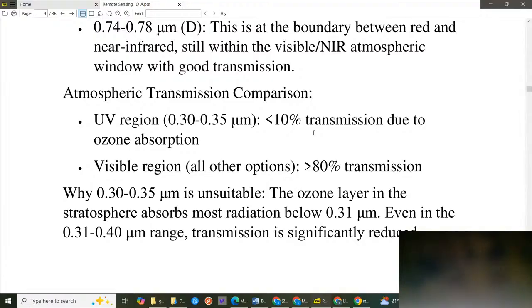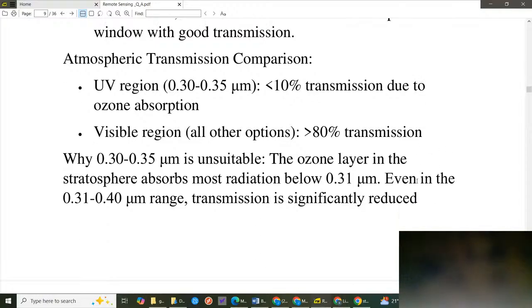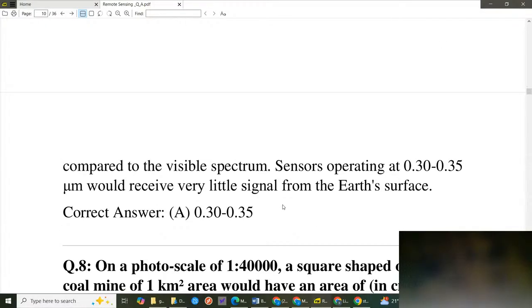The ozone layer in the stratosphere absorbs most radiation below 0.31 micrometer, and even in the 0.31 to 0.40 micrometer range, transmission is significantly reduced compared to the visible spectrum. A sensor operating at 0.30 to 0.35 micrometer would receive very little signal from the Earth's surface. The correct answer is 0.30 to 0.35.